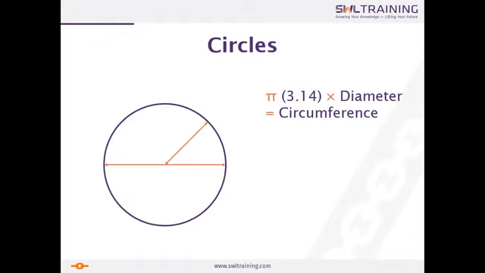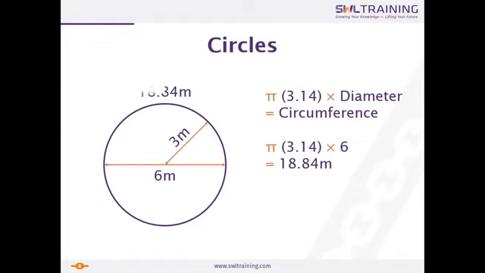Let's take a look at an example then. If we have a diameter of 6 metres and we want to calculate the circumference, well, of course, that would give us a radius of 3 metres in this case. So pi 3.14 times the diameter, 6, gives us 18.84 metres.